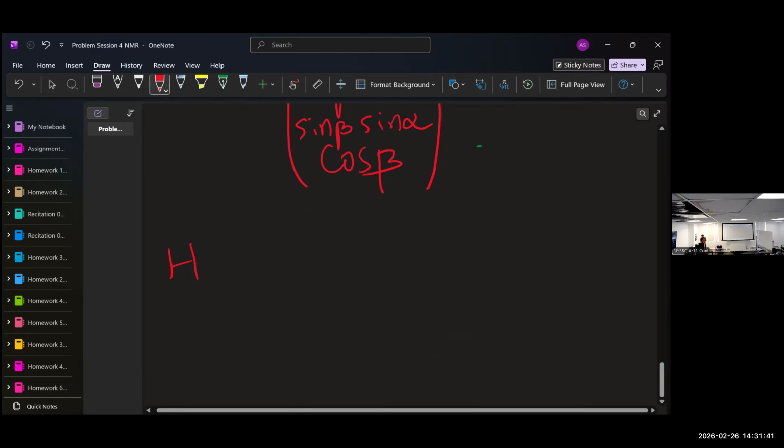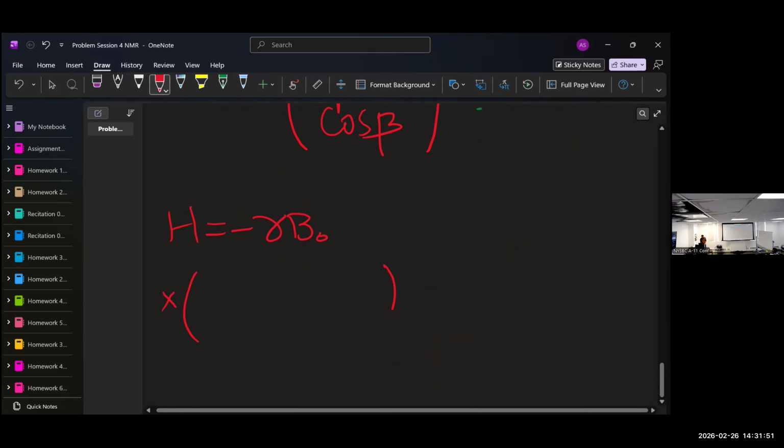Then the Hamiltonian is very simply minus gamma B naught. Remember, I tried to write the B naught field as a row vector. So that becomes sin beta cos alpha, sin beta sin alpha, cos beta, followed by the shielding tensor in the PAS.